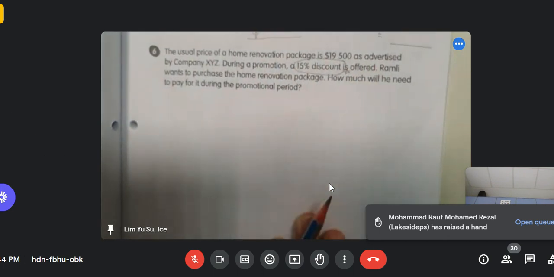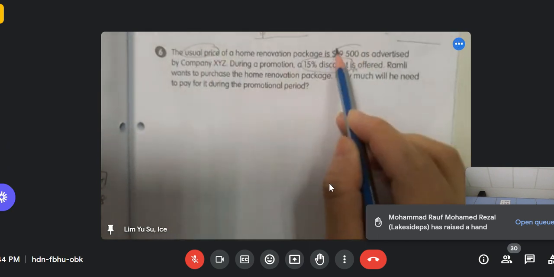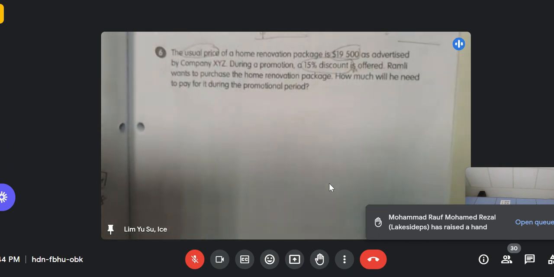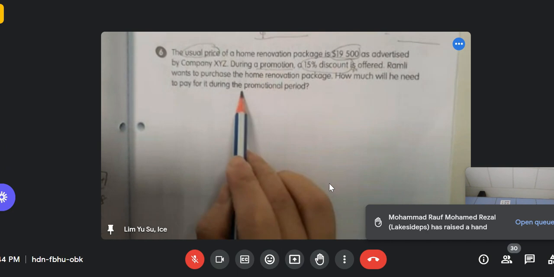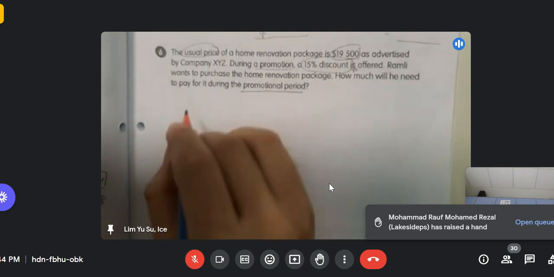So there is the usual price, the original price. During the promotion period, you get to pay less. So let's all go with method one.